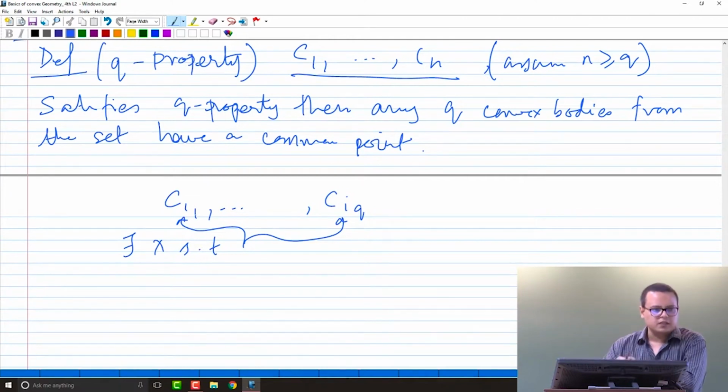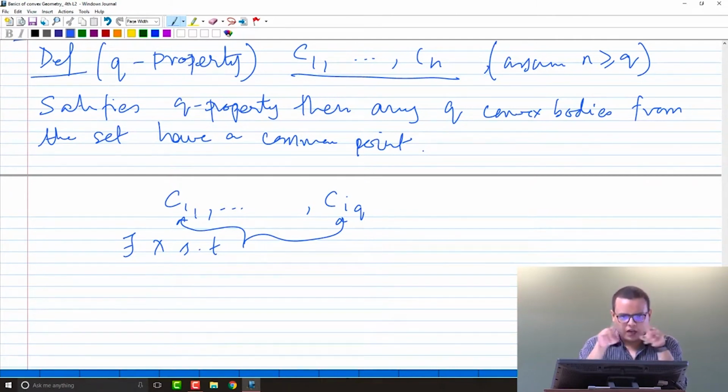So, Helly's theorem says, if a collection of convex bodies is such that if I take any d plus 1 convex bodies from them, they have a non-empty intersection, then if I intersect all of the convex bodies, I have a non-empty intersection. See, this itself is a very interesting thing, right?